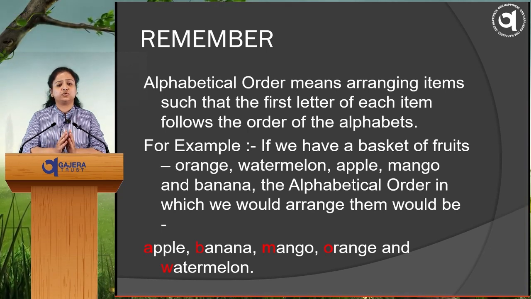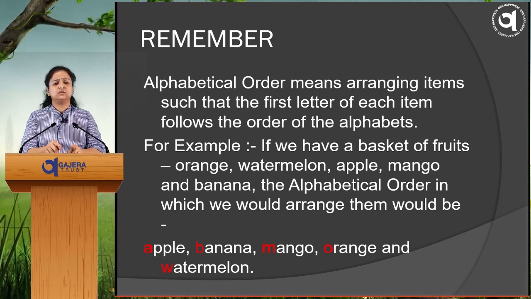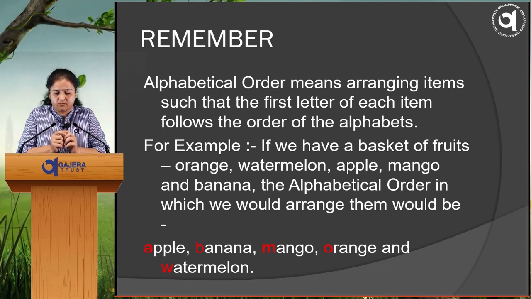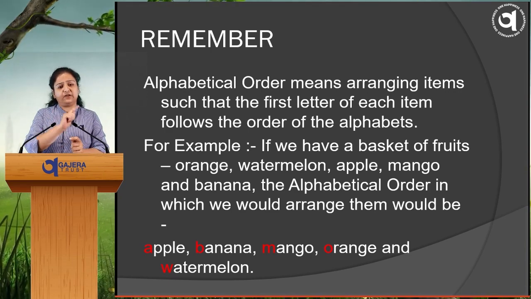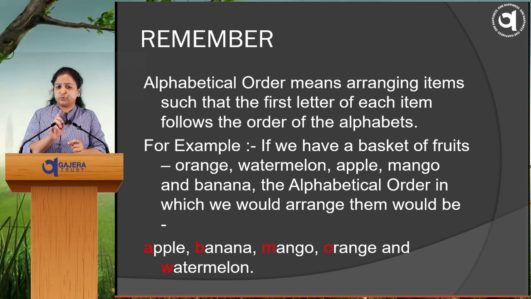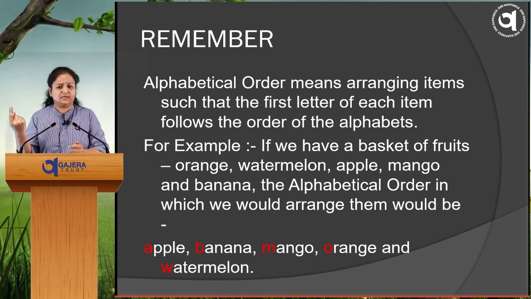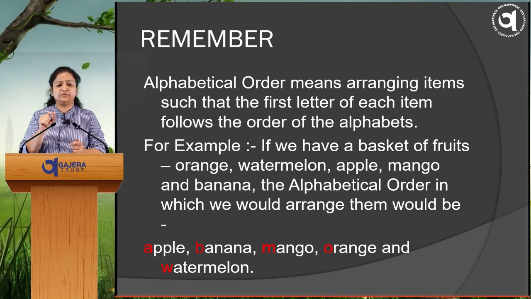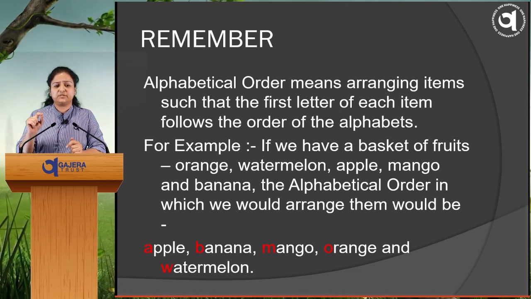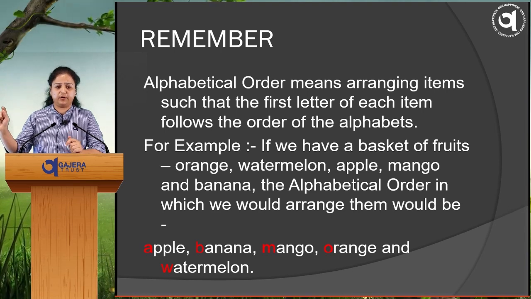So now we have to put our focus on these letters. In our alphabet we have 26 letters, so we have to recall all the letters and put the names of the fruits in the particular alphabet order.